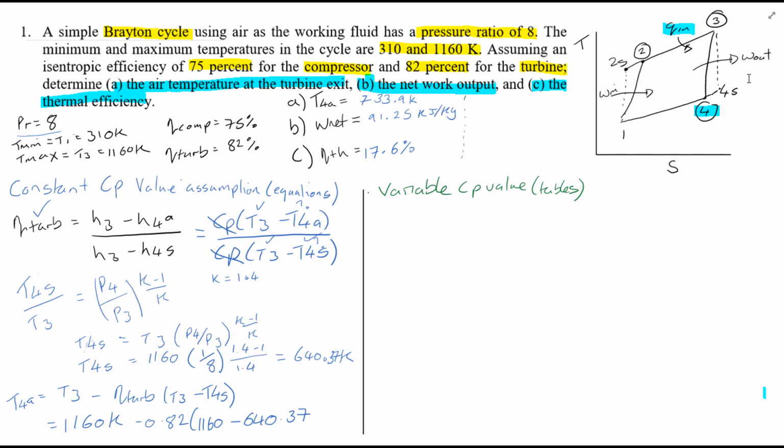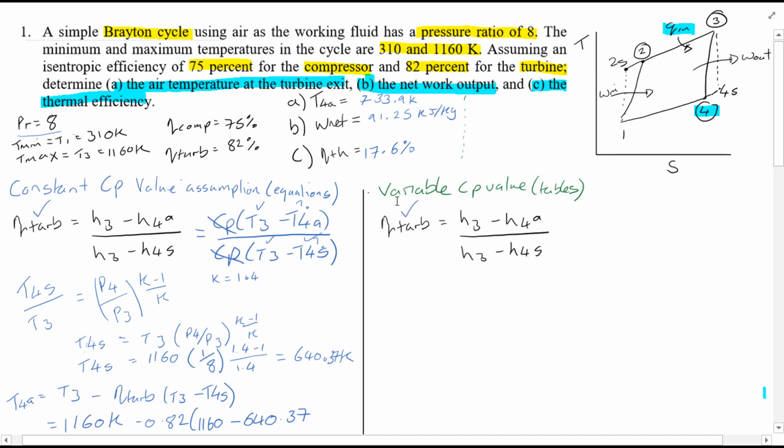First of all, we're interested in finding the air temperature at the exit, so this is T4 actual, so this is this particular point here. In order to find the temperature at T4 actual, we're going to use the same equation from the data sheet for the turbine. Particular equation here.